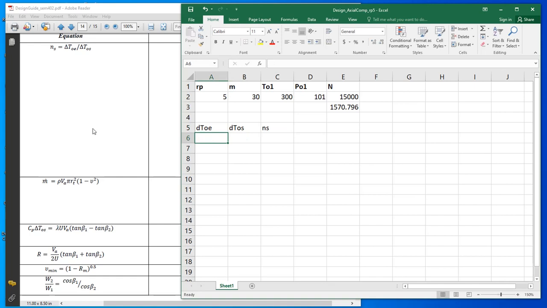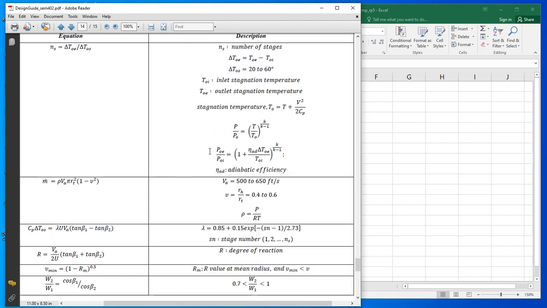We have our formula over here: P0E by P0I equals 1 plus adiabatic efficiency times delta T0E by T0I, raised to K by K minus 1. We know P0E by P0I, which is the pressure ratio.